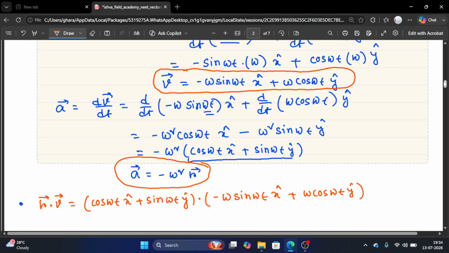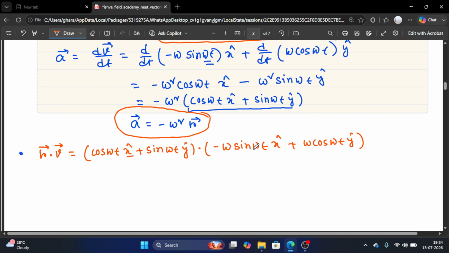In the dot product, we all know x cap dot x cap gives you 1, and x cap dot y cap gives you 0. So you get minus omega cos omega t sin omega t, and for y cap dot y cap giving 1, plus omega sin omega t cos omega t.